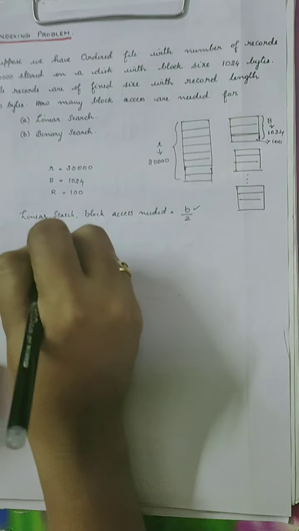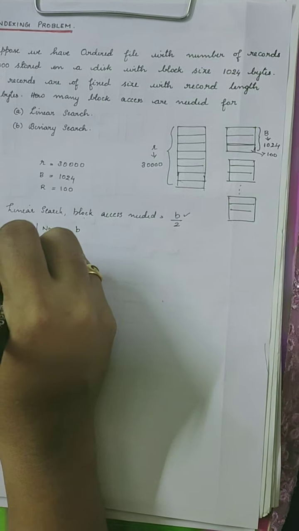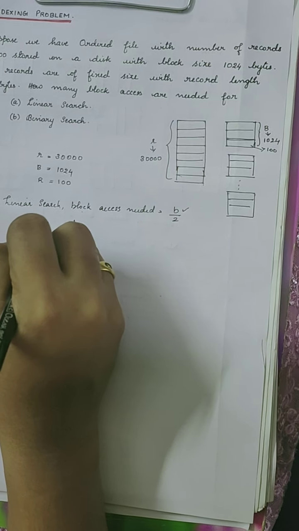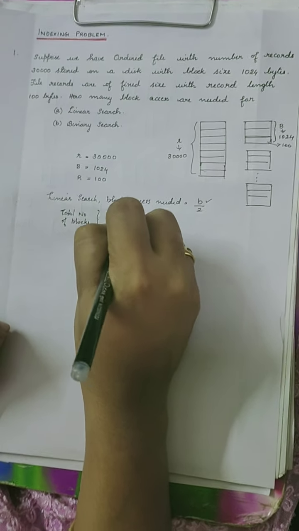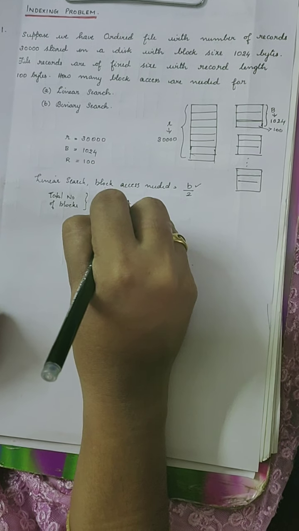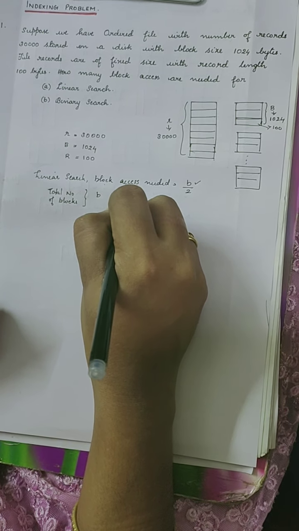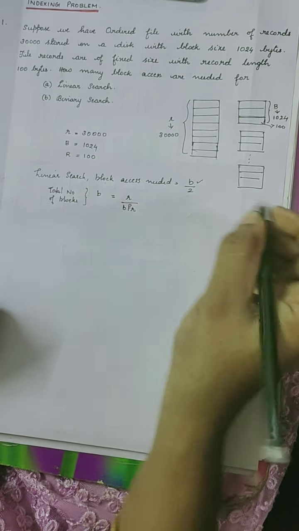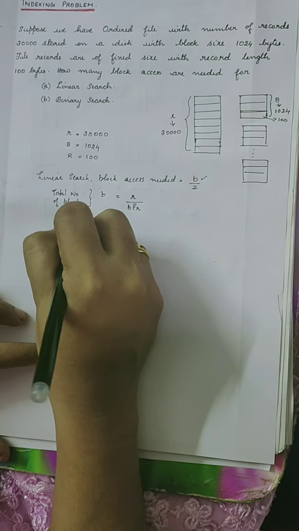Total number of blocks, small b, is equal to the total number of records we have to store divided by the blocking factor. So before finding the total number of blocks we have to find the blocking factor.